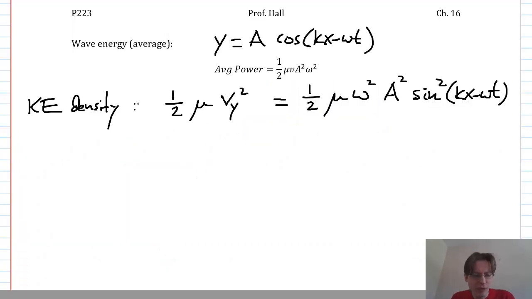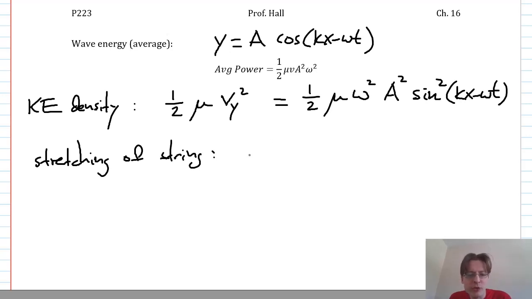Of course, that's only half the story. We also have to look at the potential energy. Potential energy is a little bit trickier because it involves the stretching of the string. So I need to look at the stretch that's involved. The string definitely stretches. If there's no wave on it, then what I'll do is look at a little portion of the string whose length is dx.